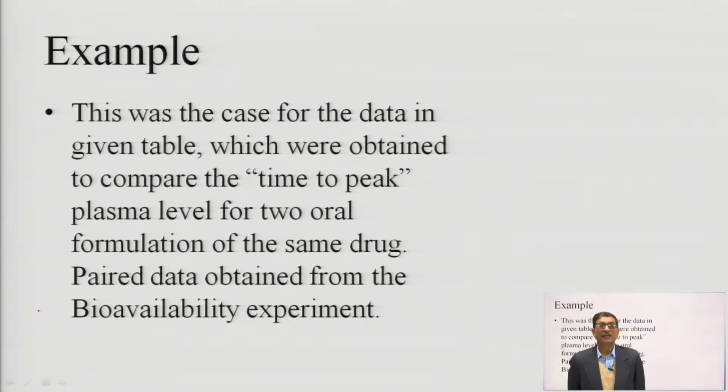For example, this is the case for the data in the given table, which were obtained to compare the time to peak plasma level for two oral formulations of the same drug. Paired data obtained from a bioavailability experiment.